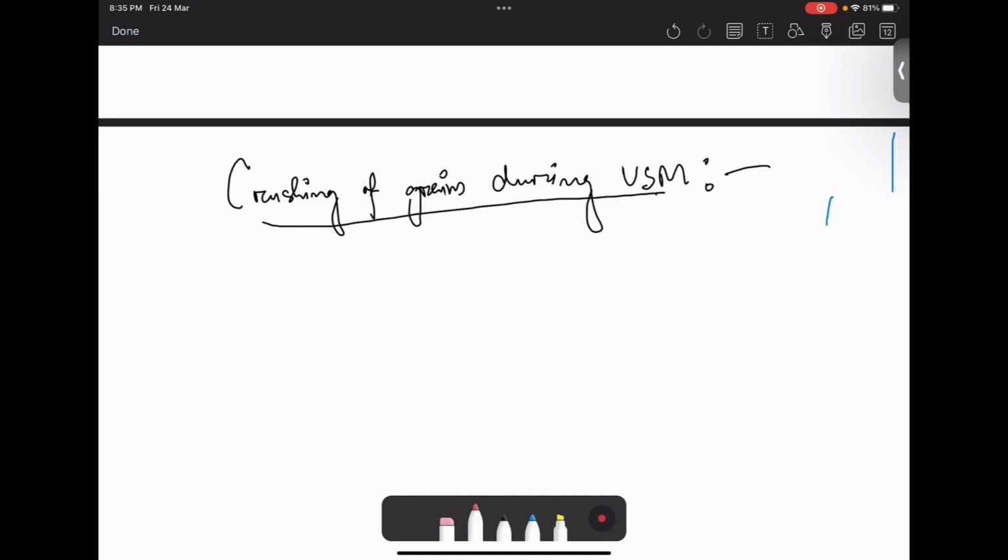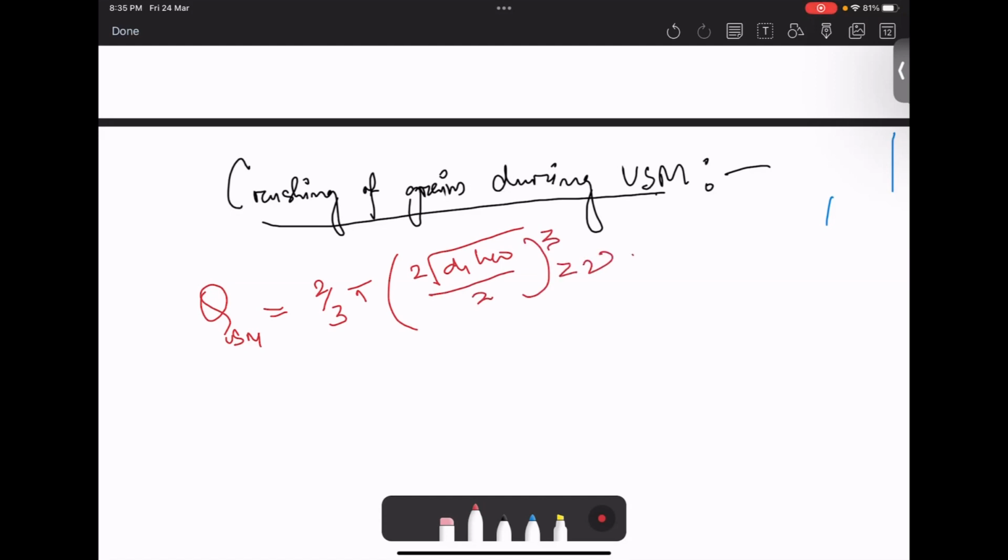So let me ask you, what happens to the MRR during USM with increasing grain dia? Okay? So if you look at the formulation for MRR in case of USM, you can see that it is 2 by 3 pi, 2 root over of dh by 2 q z nu.